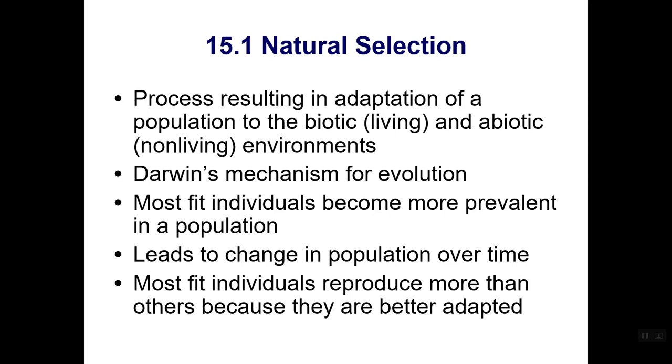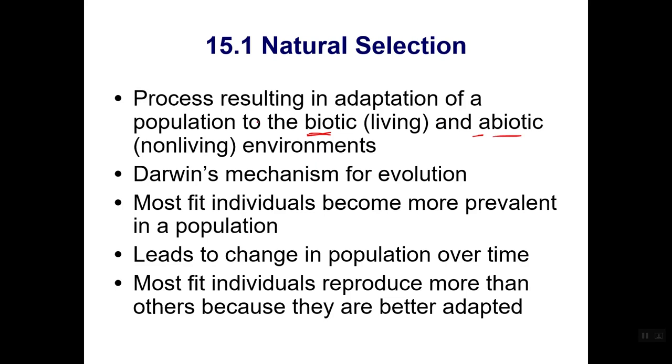So natural selection, as we discussed before, is a process that results in adaptations of a population to the living and non-living aspects of their environment. Living things are considered the biotic factors. You can see the prefix bio here, and abiotic would be the opposite, the non-living factors.